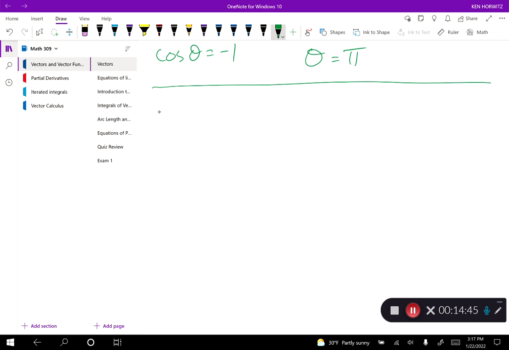Not something that I would recommend, but you can do u dot v equals the magnitude of u times the magnitude of v times the cosine of theta. This is acceptable, though I said not necessarily a recommended formula in a Calc 3 class.